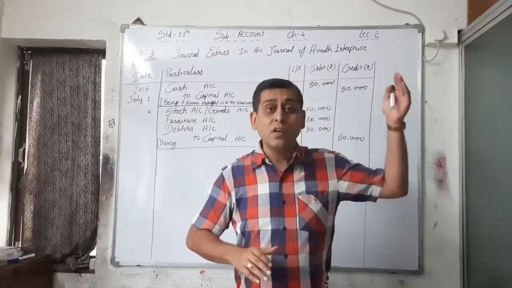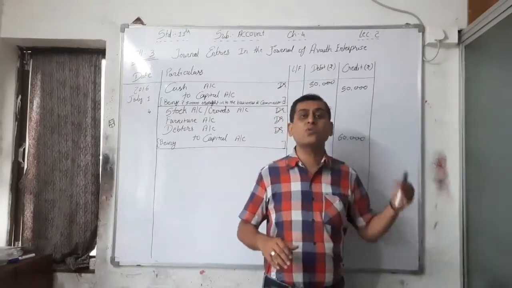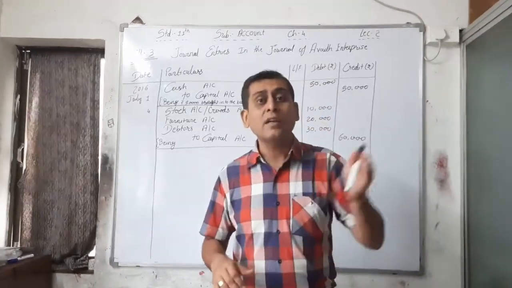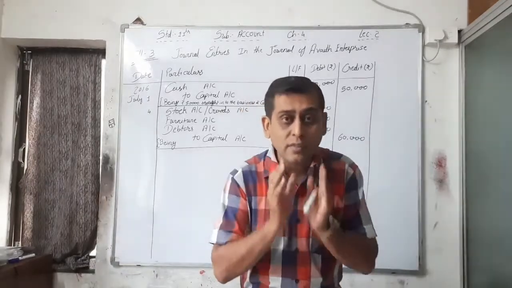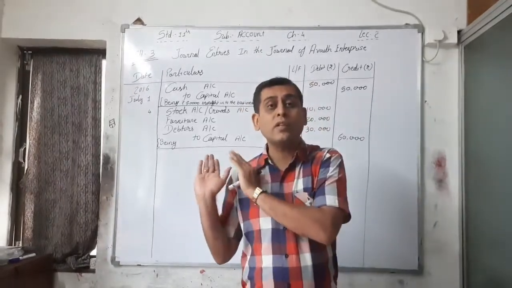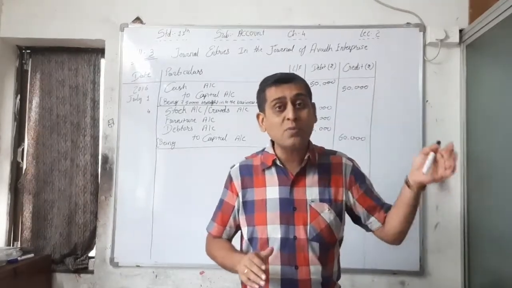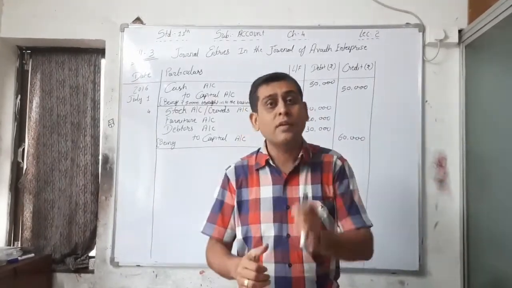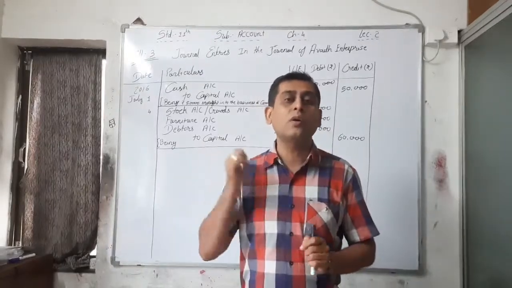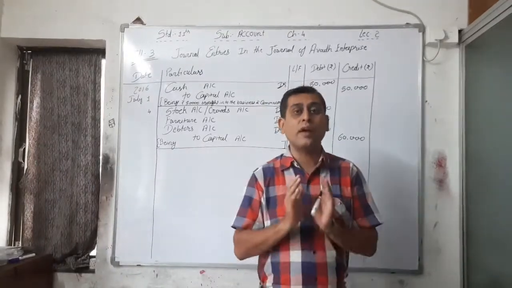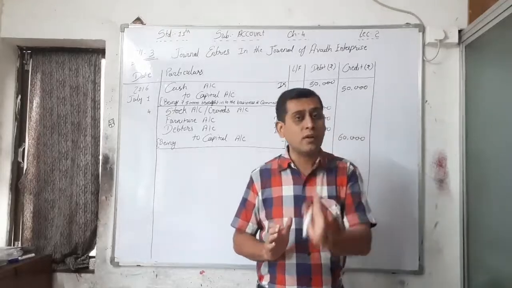That means whether his bike of 20,000 or a car of 5 lakh rupees is sold, it doesn't matter to his business. But whatever he brings into the business, that is related to the business entry or journal entry, or your books of accounts.